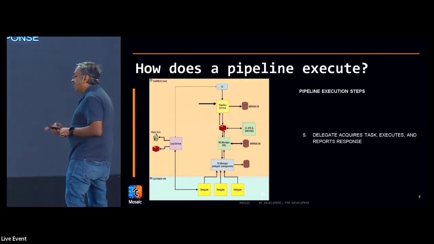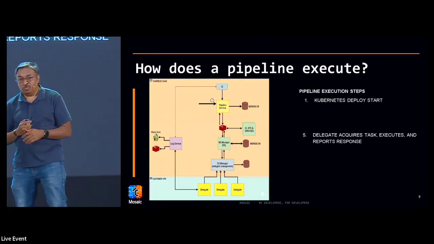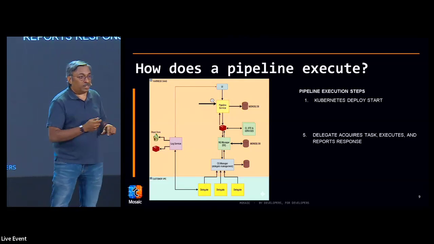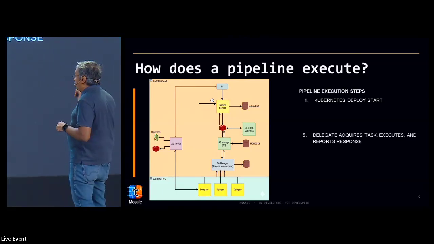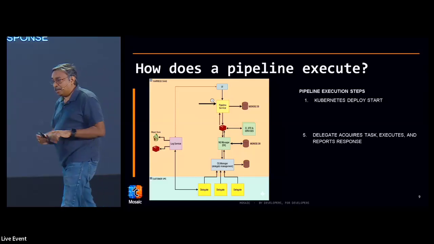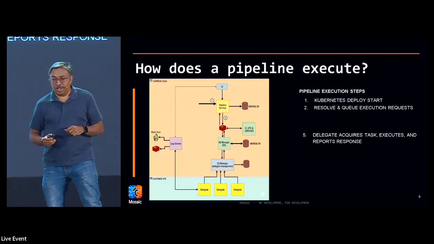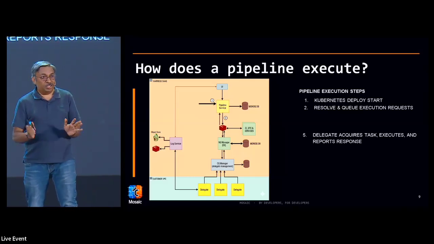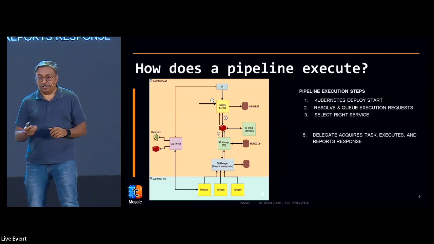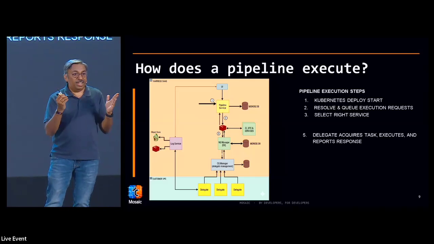This one is basically where it's going to start. Let's say the first one is doing a deployment. The simplest thing is it's going to start with a Kubernetes deployment where the pipeline picked up that execution request, right? The pipeline is going to resolve and queue that execution request. Then the next step is, from the queue, you need to find the right service to operate on that.